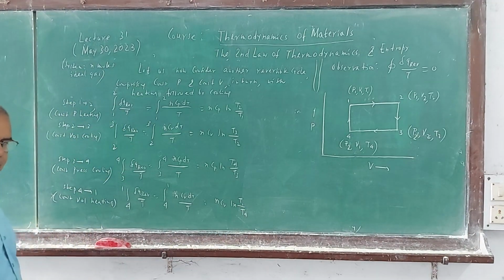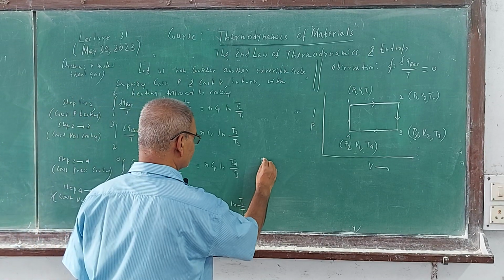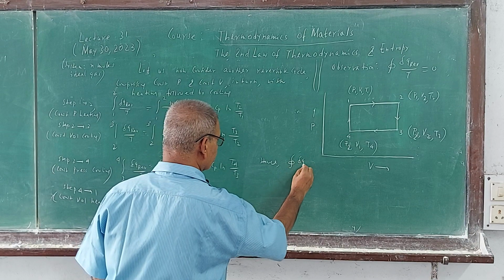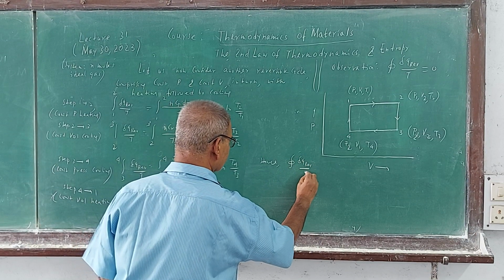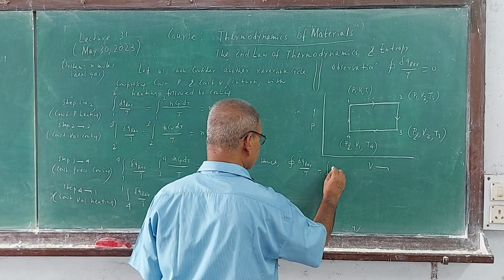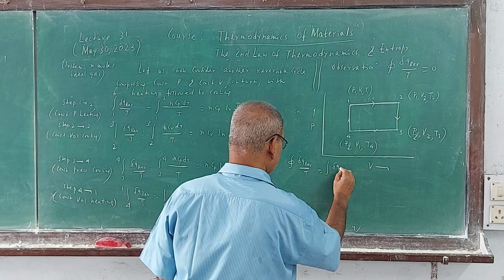So for the cycle, let me write: hence, the cyclic integration of dq reversible by T, exactly like last time, is what? Add dq reversible by T for each step and add them together.